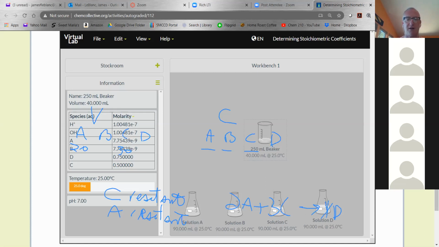So this tells me that all the A was consumed, all the C was consumed, and the only thing that should be left in the beaker or the flask, whatever you used, should be D and nothing else. So this could be 40 mils and 60, whatever, just as long as the ratio is the same.